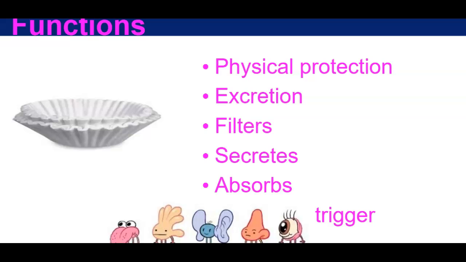So my skin, if I wanted to put lotion on, it would filter through and absorb the oil. But if I wanted to put, for instance, this on top, it doesn't really absorb it. So it protects, it excretes, whether it's going to excrete hormones, whether it's going to excrete sweat, or is it going to secrete oil. It will also filter through things, as I explained.